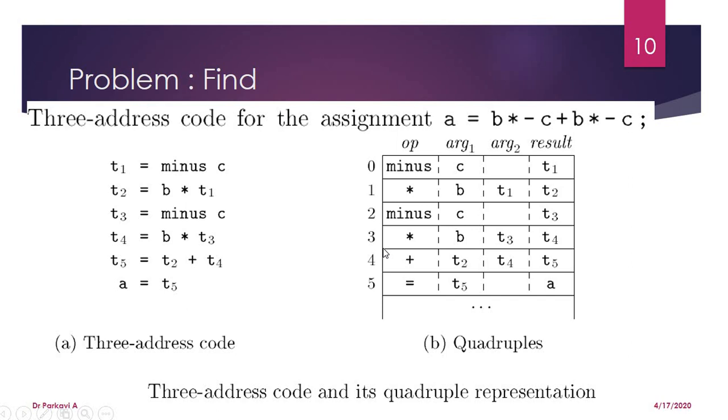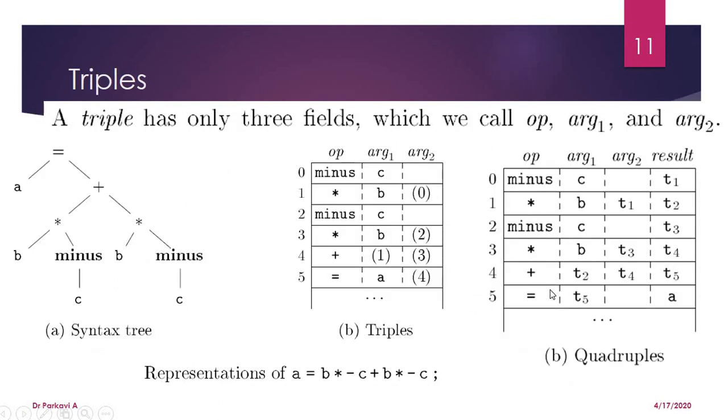The fourth operation is multiplication, operands are b and t3, result stored in t4. The fifth operation is addition, operands are t2 and t4, result stored in t5. The next one is equal, the assignment operation: operand 1 is t5 and the result is a. So like this the quadruple has to be generated.